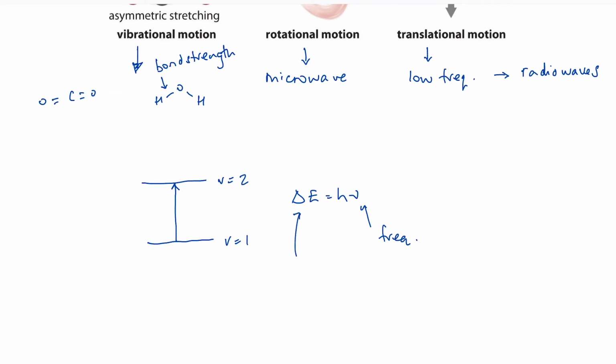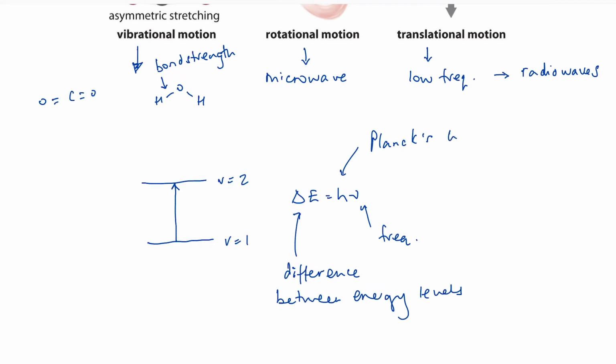That is the difference between the energy levels, and h stands for Planck's constant. So this distance here is different depending on the molecule. How does that affect, or why is that relevant to trying to understand the greenhouse effect?